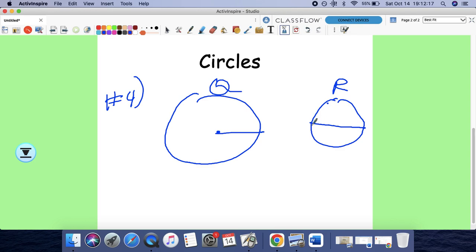So let's pretend the diameter of circle r is 1. If the diameter of circle r is 1, this radius here is 4 times that value, which would be 4. What is the ratio of the diameter of circle q to the diameter of circle r?